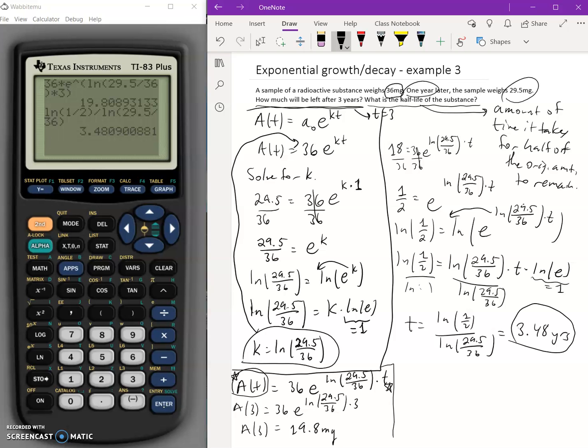Now that number makes sense because we said after 3 years there was 19.8 milligrams remaining. So that's not quite half, it's a little bit more. So we need a little bit more than 3 years. So intuitively that number makes a lot of sense for us. So this is again the style of question that you should be expected to do on an exam.